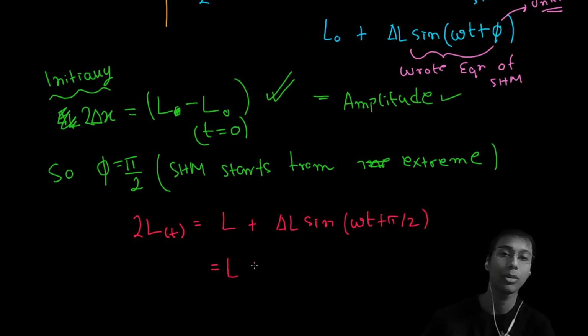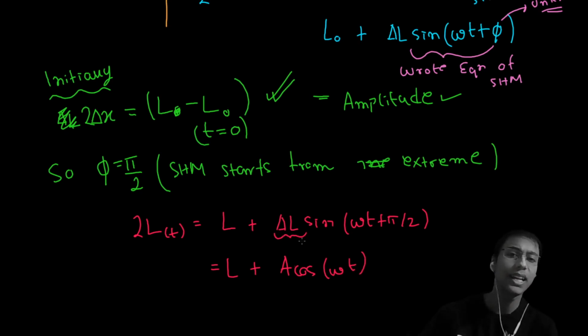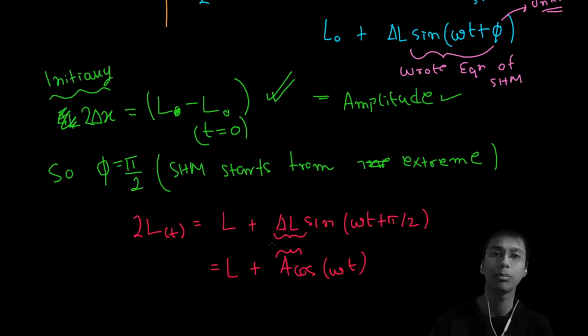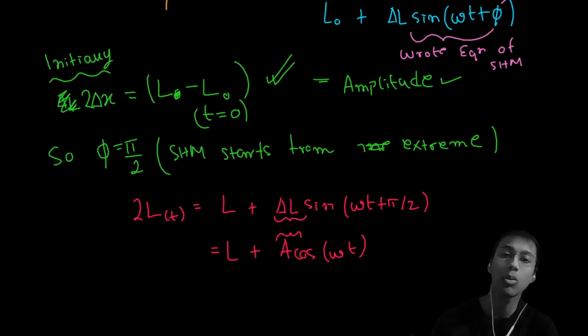And if you remember from basic mathematics, this would be cosine of omega t. Now why did I switch delta L with A? Because this delta L initial, which is the largest amount of displacement, is nothing but the amplitude. The largest displacement in an SHM is always its amplitude, right? So it is now substituted by A.